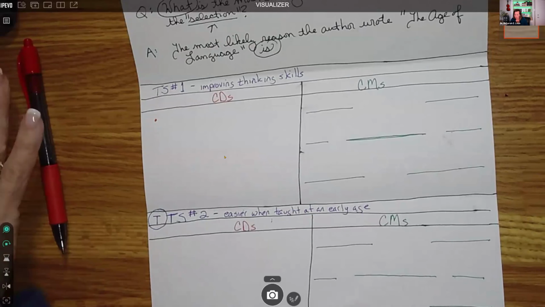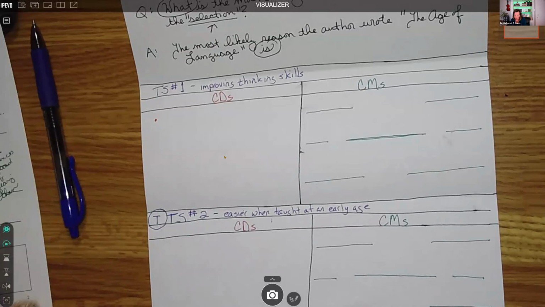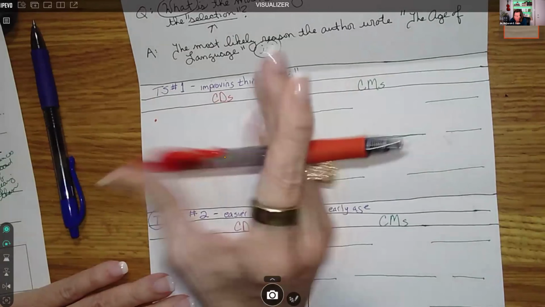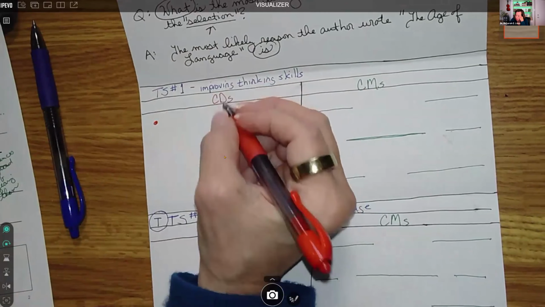So then what I'm going to do, and I'm looking at my time because we're always running out of time, I'm going to make a list of my favorite CDs.